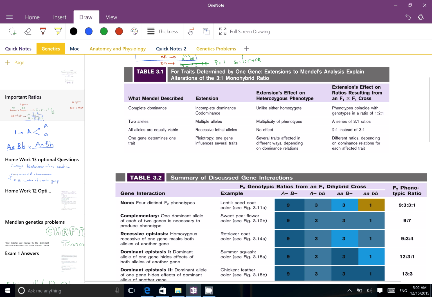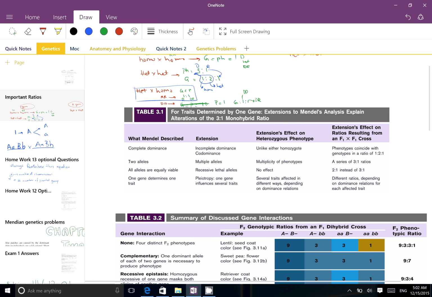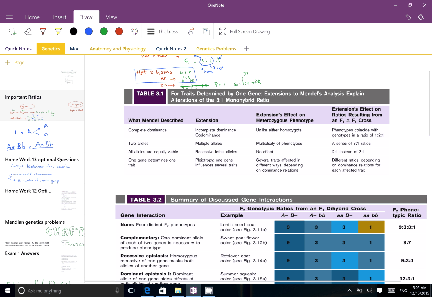These two cases are when you have simple Mendelian genetics, with a clear cut of dominant and recessive behaviors. But then you have extensions of Mendelian genetics, as this table will show you. This is one of the important tables.